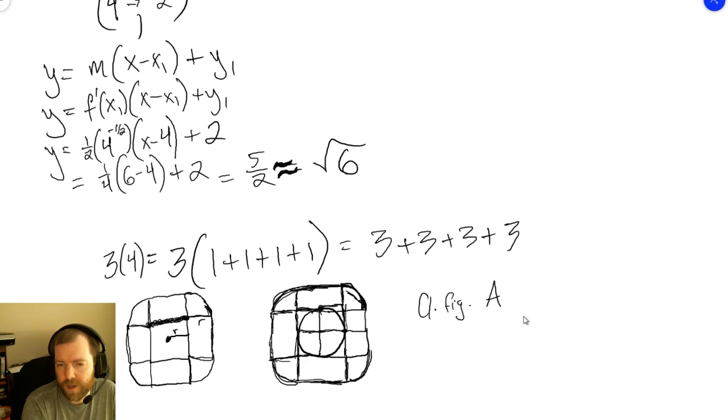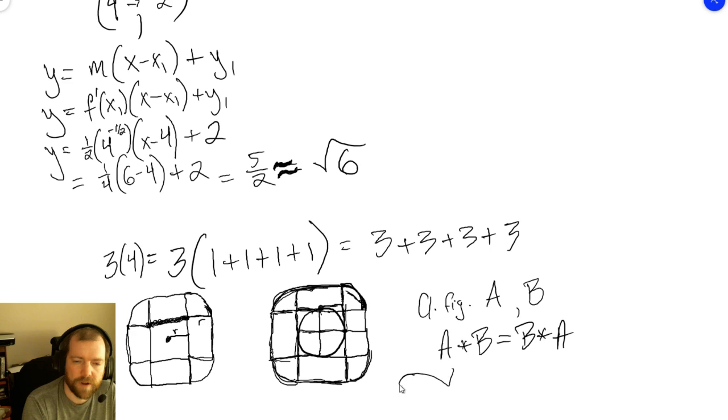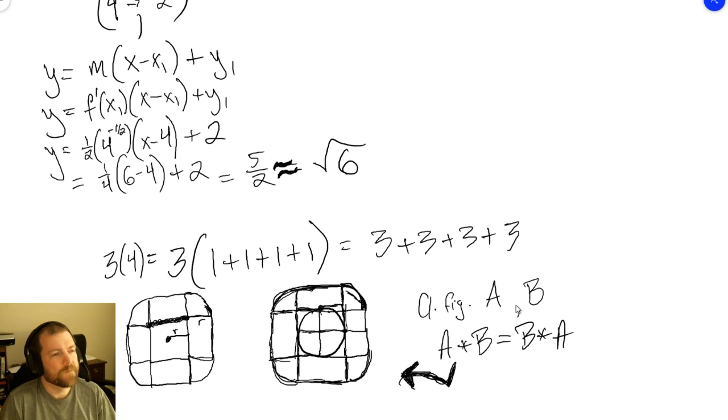So closed figures A and B will have the property that A star B is equal to B star A, defined as such. Can you prove it generally? I mean, it should.